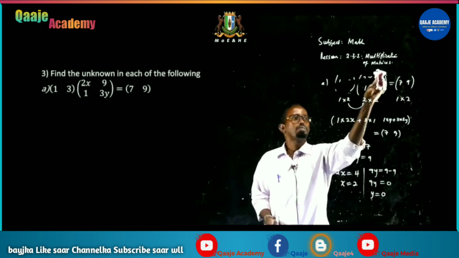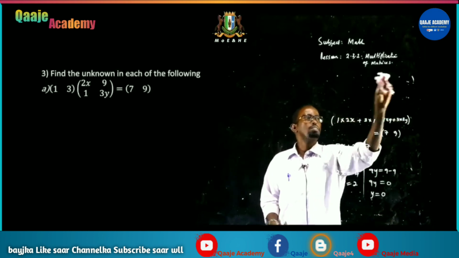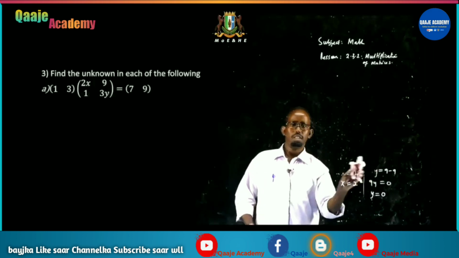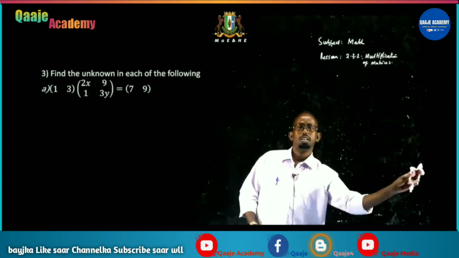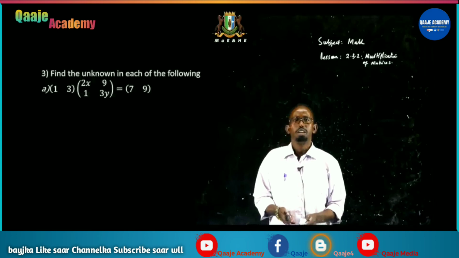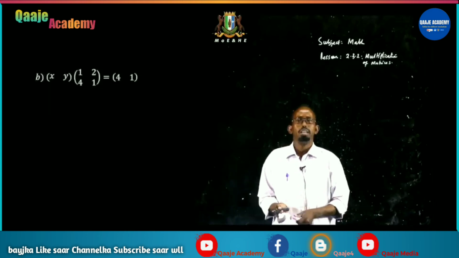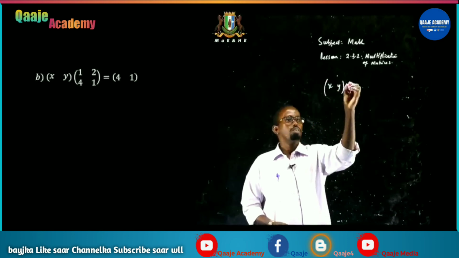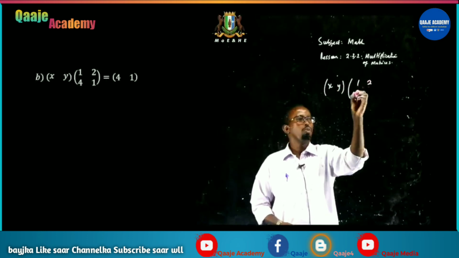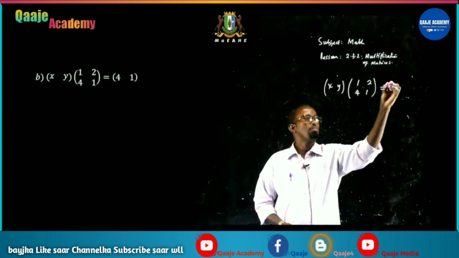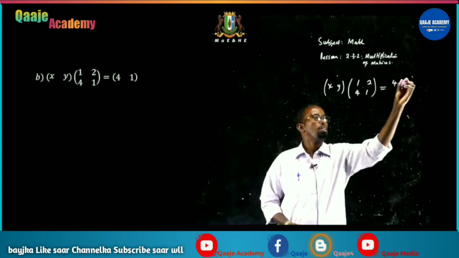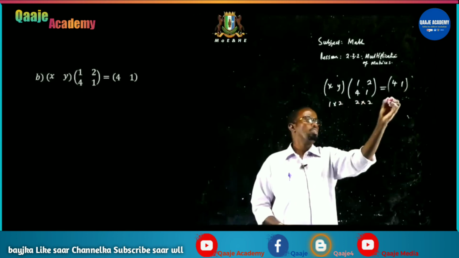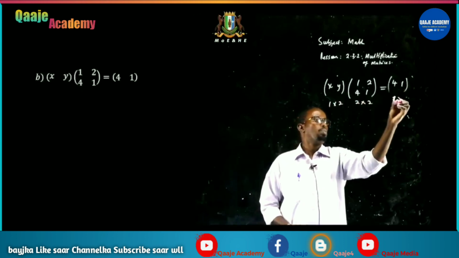B. The last and the final example for that lesson. xy, we have 1, 2, 4, 1, 4, 1, 1 by 2, 2 by 2, 1 by 2.